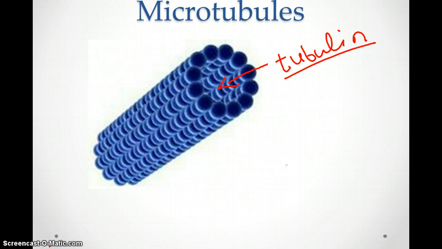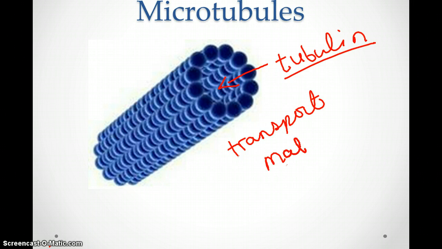And their function in the cytoplasm is to move materials, so transport materials in the cytoplasm. That is what microtubules do, and they are very thick.